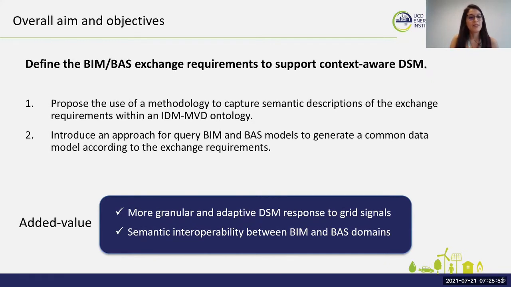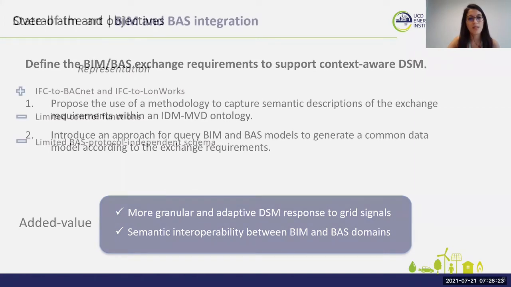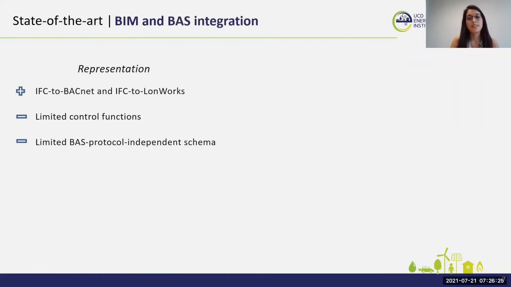The added value obtained from this paper is that with the integration of BIM and BAS, we can have a more granular and adaptive demand response to the grid signals, through the integration of both domains. BIM and BAS integration is a topic that has been studied in the last couple of years.